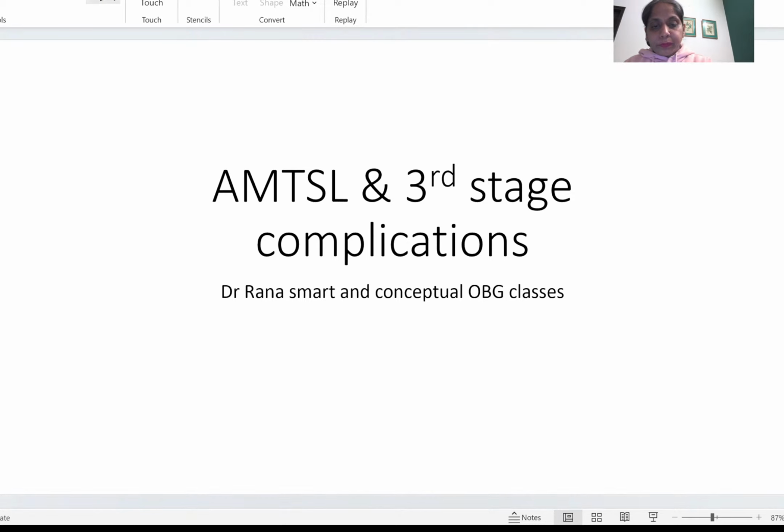That completes our basic obstetrics. I hope there is no query. If there is a query, do write in the chat box so that we can start with our next topic, active management of the third stage of labor and its complications.